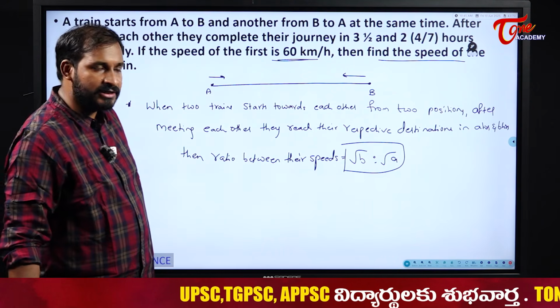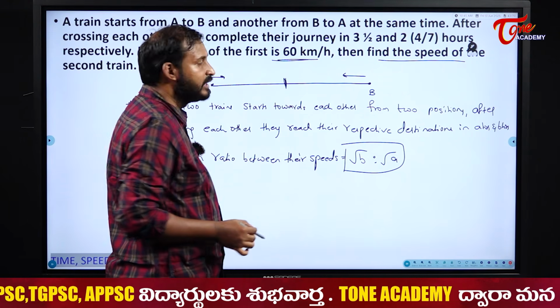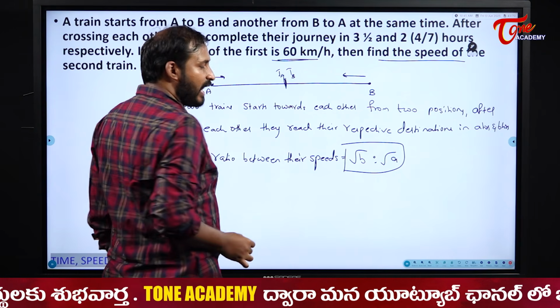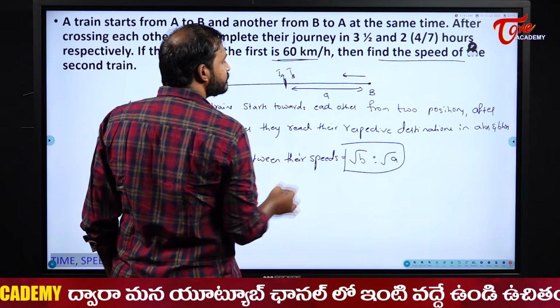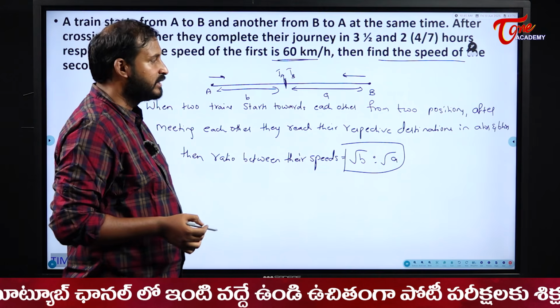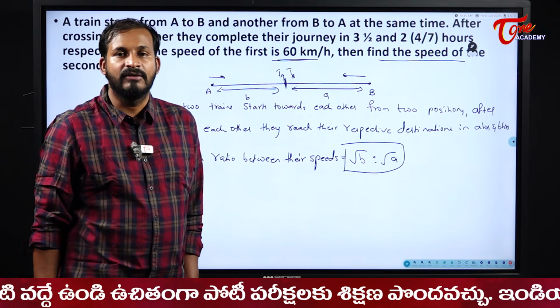First I should tell you what this concept is. Now at some point definitely the two trains will meet, right? Let us assume a train from B and a train from A met here. After meeting, A took A hours to reach its destination and B took B hours to reach its destination. Then the ratio between their speeds will become root over B is to root over A. What is the reason, sir?